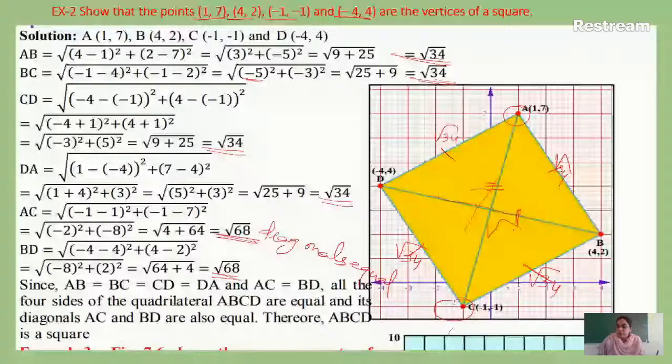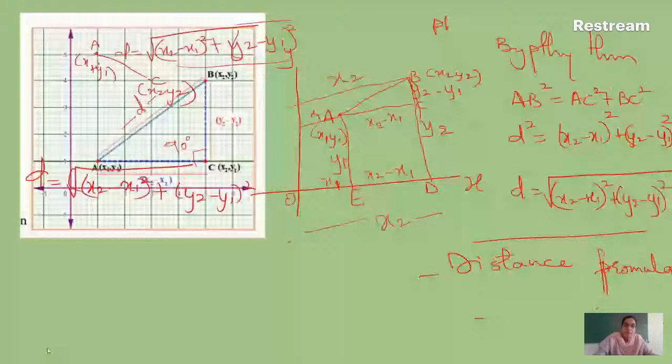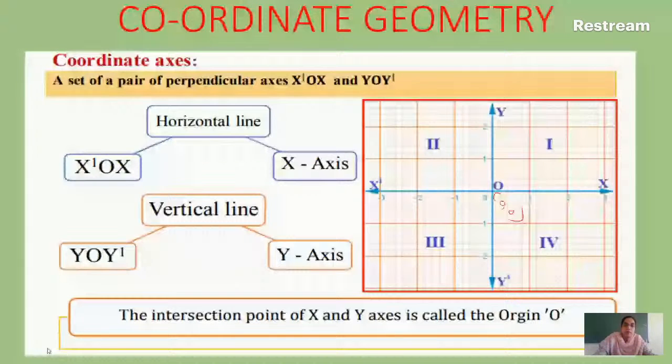This is about how to apply the distance formula to calculate distance, or the position, all about coordinate geometry. How to justify the given figure based on its properties, right?